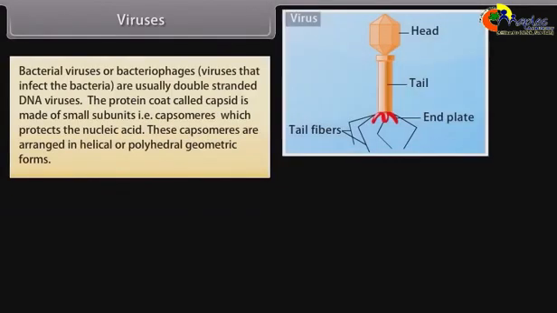Bacterial viruses or bacteriophages are usually double-stranded DNA viruses. The protein coat called capsid is made of small subunits, that is, capsomeres, which protects the nucleic acid. These capsomeres are arranged in helical or polyhedral geometric forms.